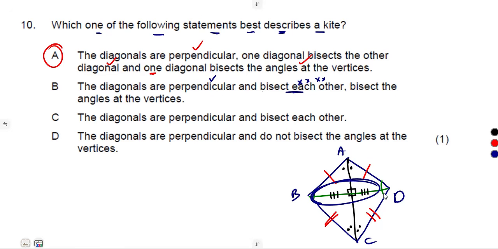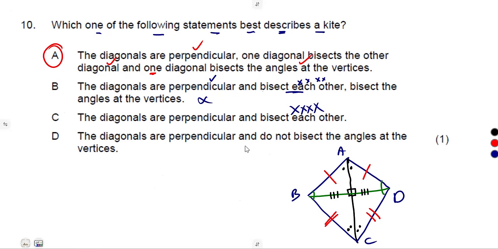It is only BD which was bisected. It is only BD which was divided into two equal parts, not AC. So we cannot say they bisect each other. Each other means both. Diagonals are perpendicular and bisect each other is wrong there.